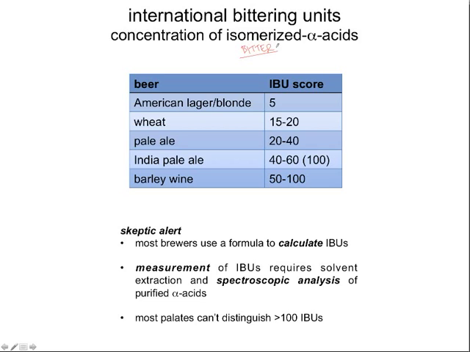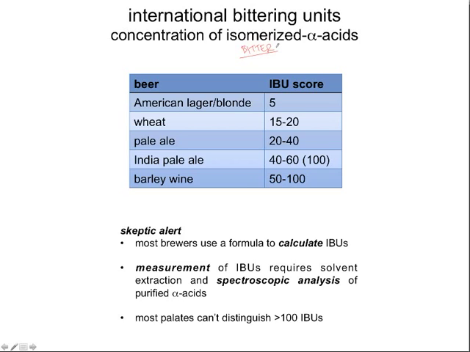As I said, the beta acids don't really give us much in the way of bitter flavor. And so when we're trying to quantify bitterness, then we're going to measure the concentration of these alpha acids, specifically their isomerized components. Remember that isomerization driven by the temperature change.